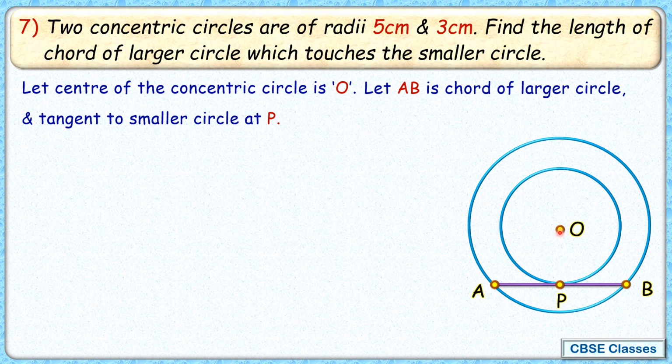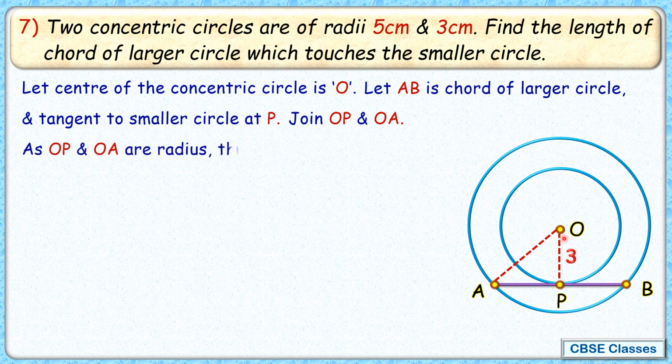स्टार्ट करने के लिए लेट्स ज्वाइन OP हियर एंड OA हियर. OP that's radius of smaller circle, so it's 3 centimeter. OA is radius of larger circle, so it will be 5 centimeter. Now we know by theorem जो रेडियस है फॉर अ सर्कल, ये छोटे वाले सर्कल की बात करें तो जो रेडियस है OP that will be perpendicular to the tangent, है ना, that's by theorem.